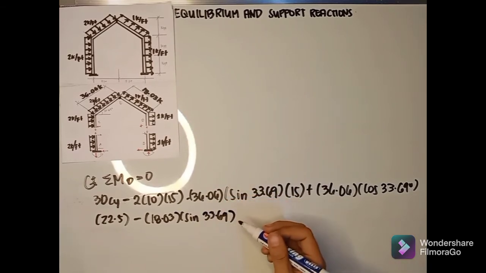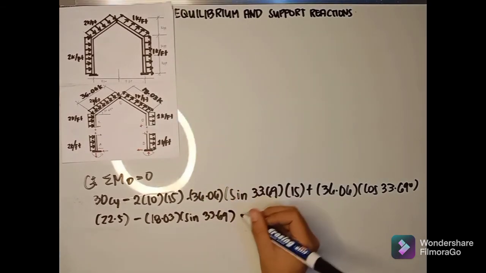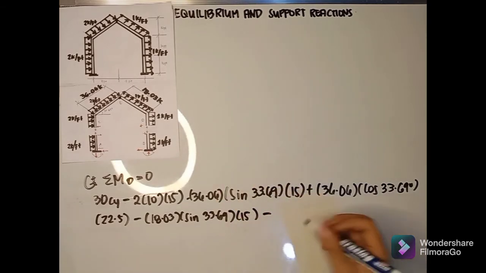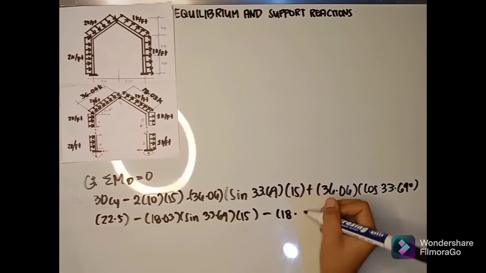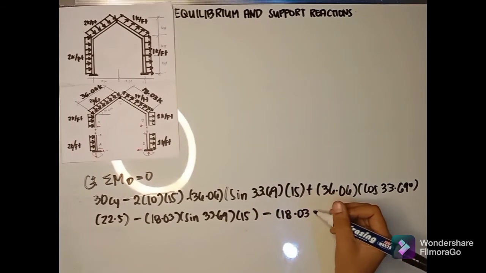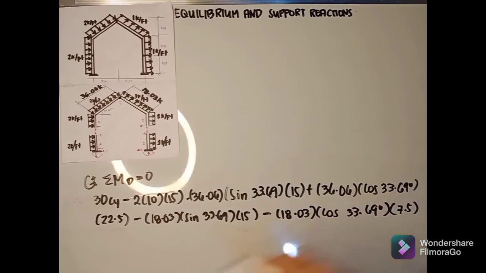This is the vertical component of the 18.03 force times 15, with a negative sign because its rotation is clockwise. Then 18.03, the horizontal component, cosine 33.69 degrees, and its moment arm is 7.5, which is 15 divided by 2.